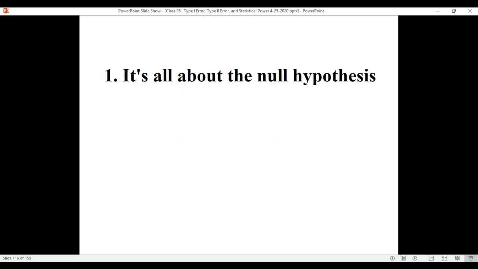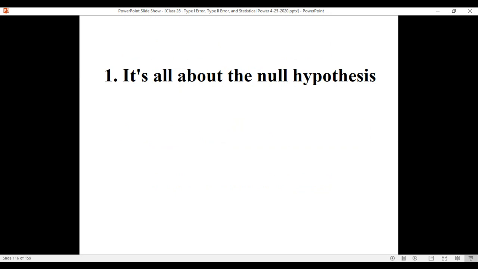So the first thing you need to remember is that it's all about the null hypothesis. Type 1 and type 2 error are all about the null hypothesis. The alternative hypothesis, remember that? Well, it isn't even mentioned in the technical definition. Only the null hypothesis is.